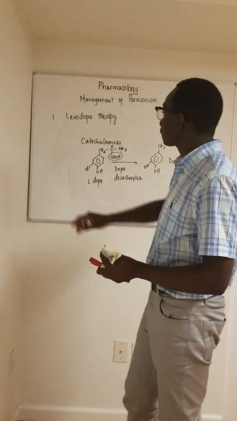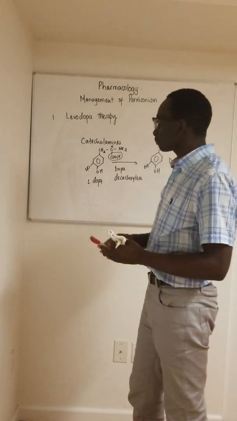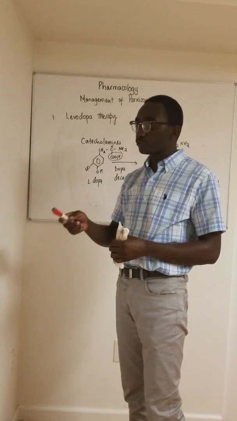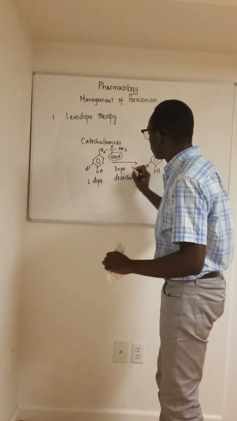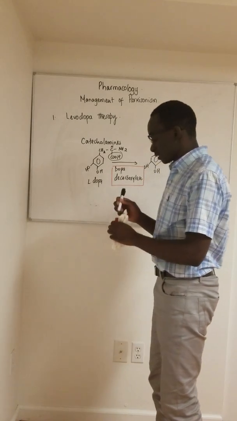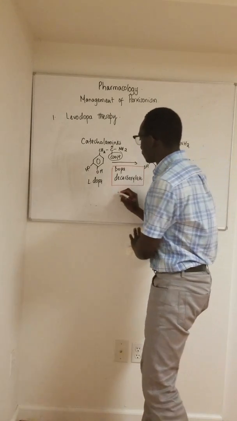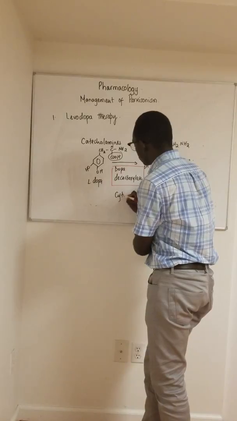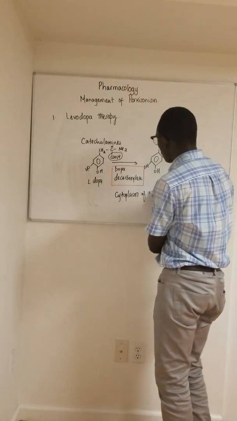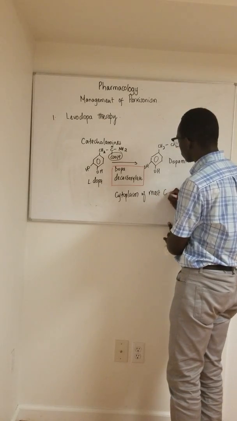So therefore, this drug levodopa is given together with some other drug that we are going to see. Reason being that this enzyme dopa decarboxylase is found in the cytoplasm of most of the cells.